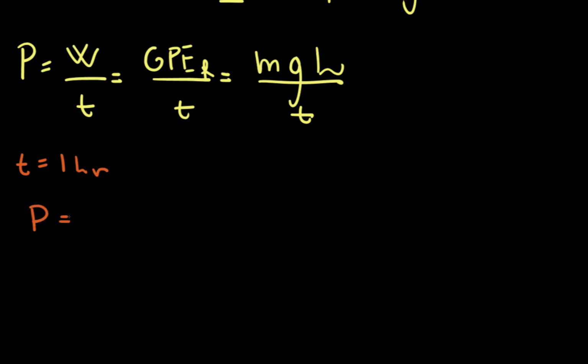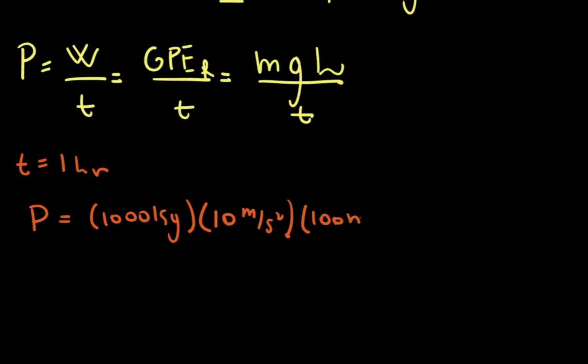The mass was 1,000 kilograms, gravity is 10 meters per second squared, I'm just rounding it, and height is 100 meters. And here you have 1 hour. If you want to turn this power into watts, you better use seconds, because you'll get joules on the top, and joules per second will get you watts. So 1 hour in seconds is 3,600 seconds. At the end of this, you get somewhere in the ballpark of 277 watts.